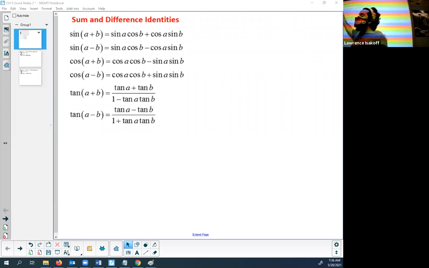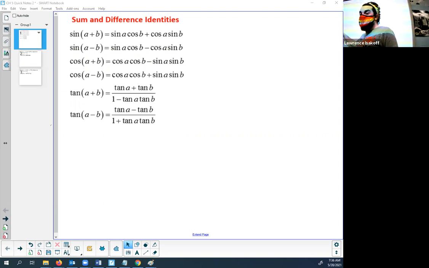For addition in cosine, we actually use a minus sign in between. If I do the cosine of A minus B, that can be broken up as, again, cosine of A times cosine of B, now plus sine of A times sine of B.